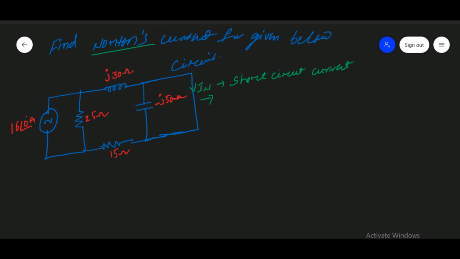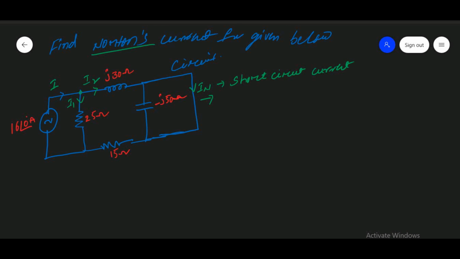If this capacitor is short circuited, it offers zero reactance. So when it is connected to short circuit, what happens? Let the current be I. At this point a bifurcation takes place into I1 and I2.